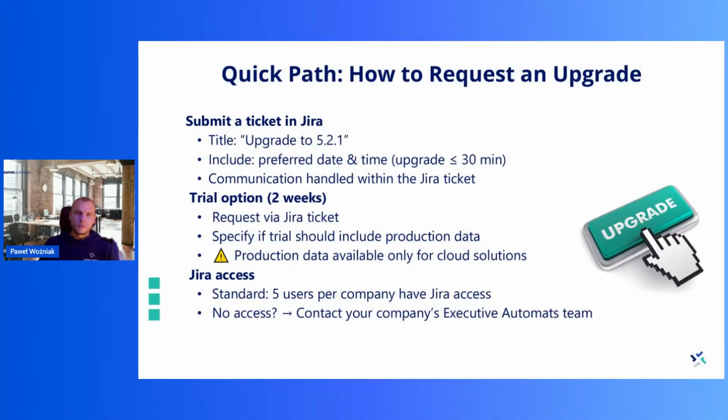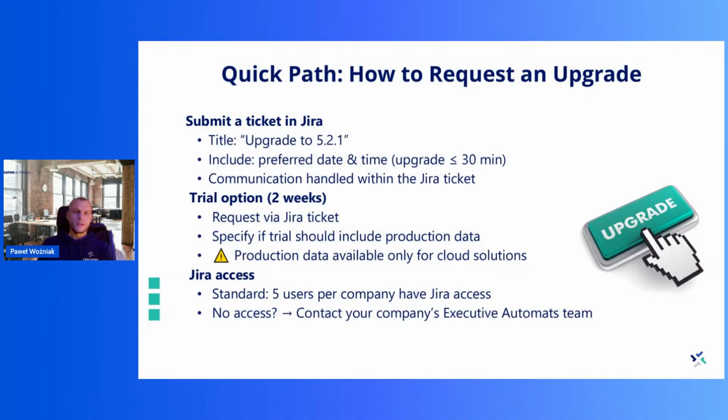Okay, so let's start with a quick path on how to request an upgrade. The fastest and easiest way is through Jira, our ticketing system. You can create a ticket, name it "upgrade to version X". It can be 5.2, or 5.3, which will be released soon.